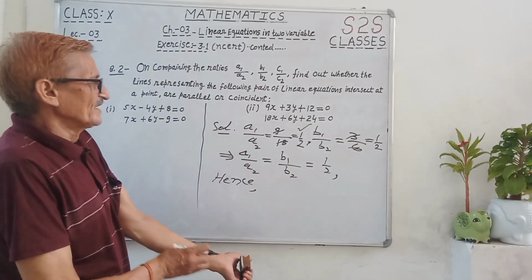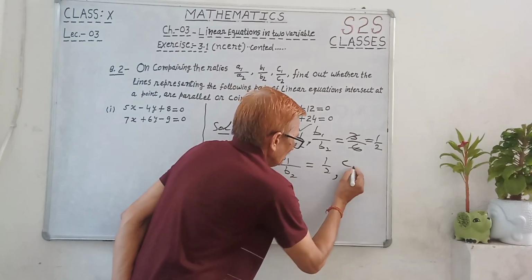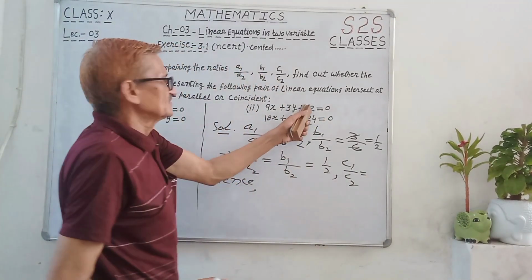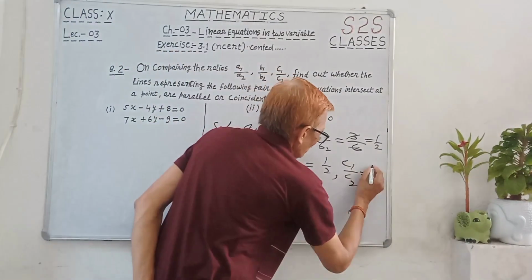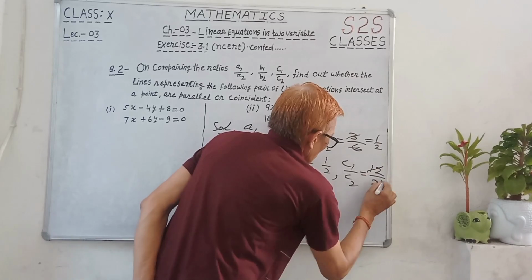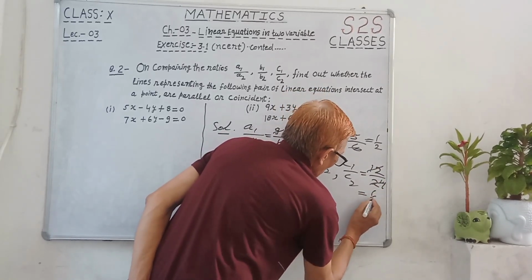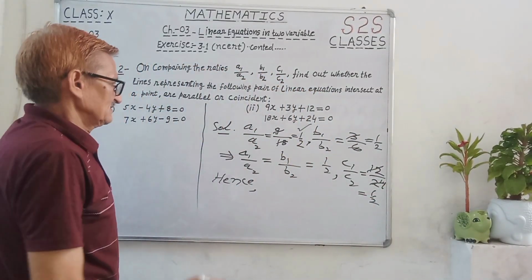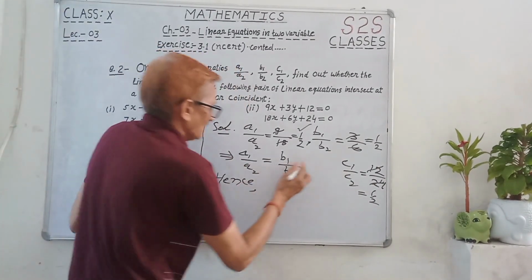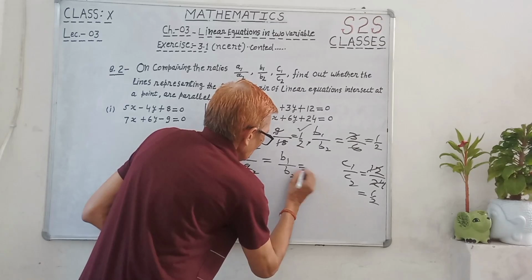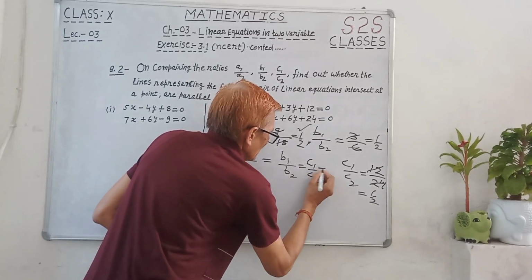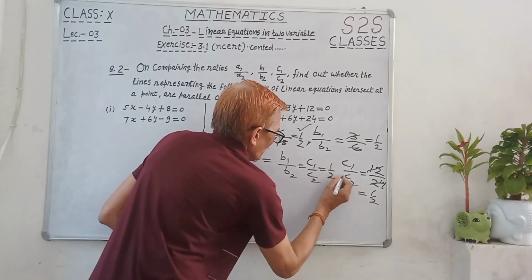Now the third is C1 upon C2. So the ratio C1 upon C2 is the constant terms 12 upon 24. This is also 1 upon 2. So all three are equal. A1 upon A2 equal to B1 upon B2 equal to C1 upon C2 is equal to 1 upon 2.